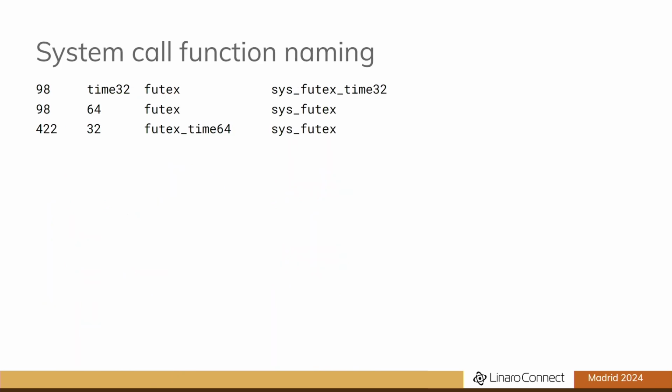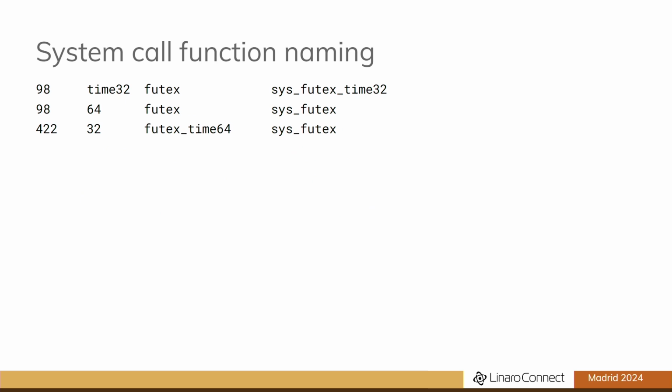Then the other quirk that I want to work on is the stupid naming. So in the time32, time64 rework that we did a few years ago, the state that we left with was that we renamed the entry points for those system calls that take a 32-bit time t to have a time32 suffix, but we left the macro unchanged.